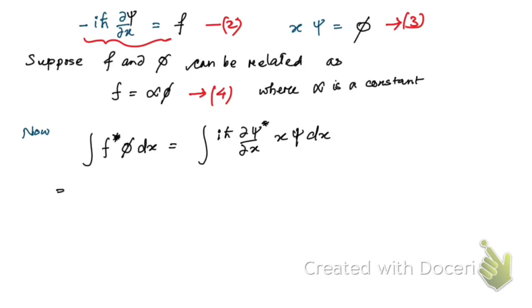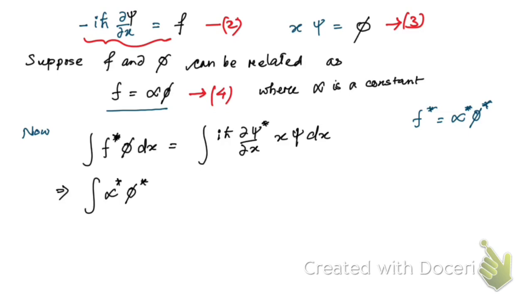Now here you see, as we have taken f equal to alpha into phi, f star will be equal to alpha star and phi star. So if we replace f by alpha star, the complex conjugate of alpha, then the complex conjugate of phi dx.